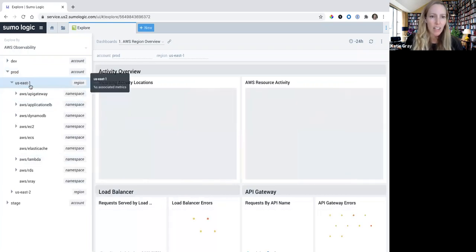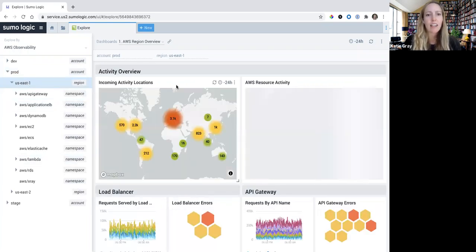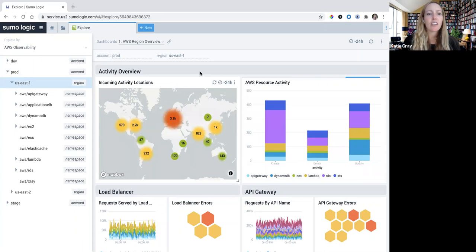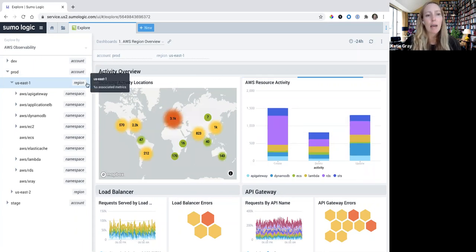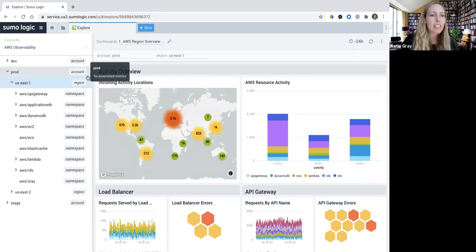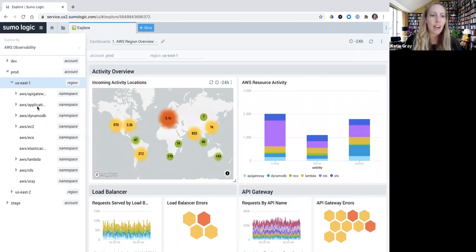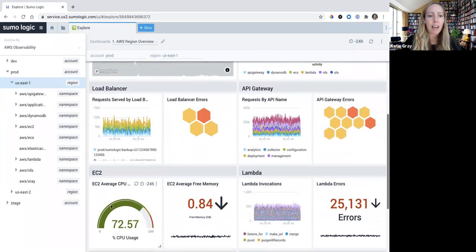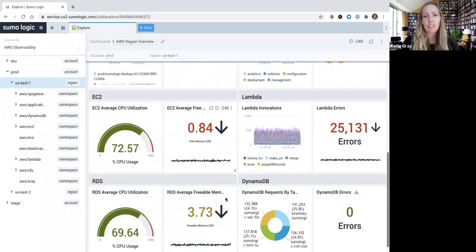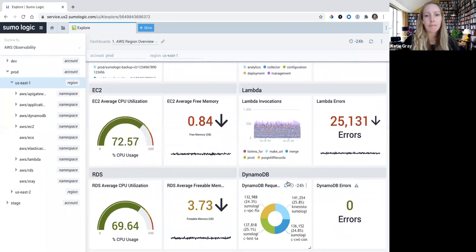As I'm navigating down, the dashboard on the right is refiltering and adjusting depending on what type of entity I'm looking at. Now I'm getting an overview of my US East 1 region. This is giving me a snapshot of all of the different services that we're seeing here. So what's happening with my load balancer, with the API gateway, with EC2 and Lambda.